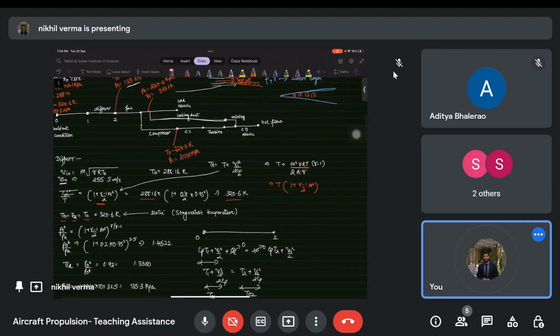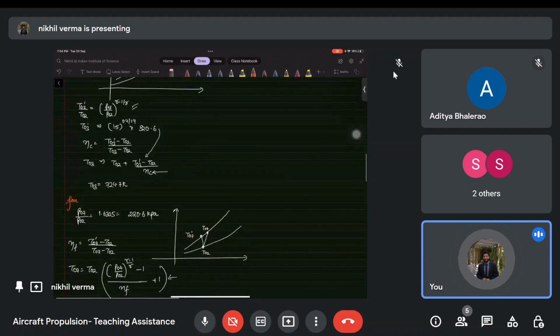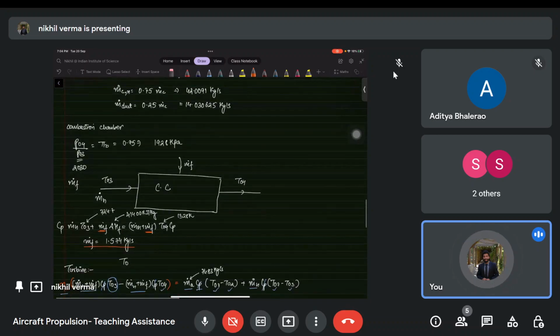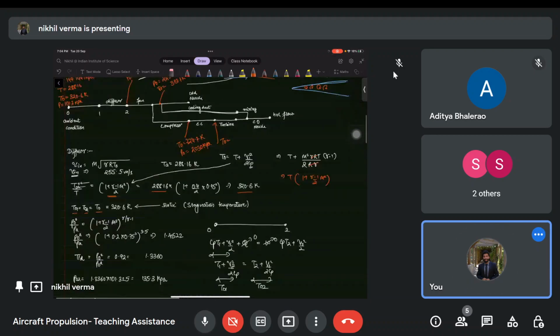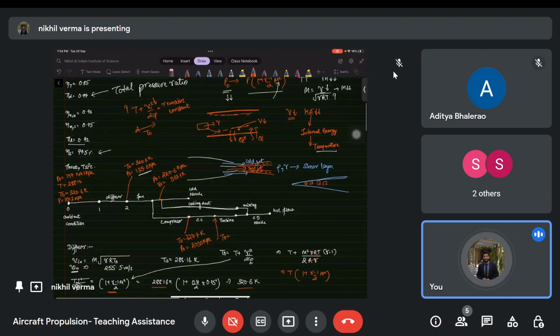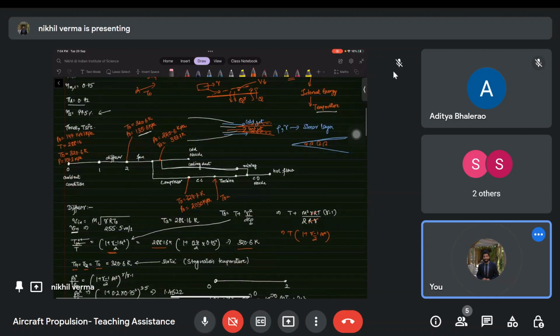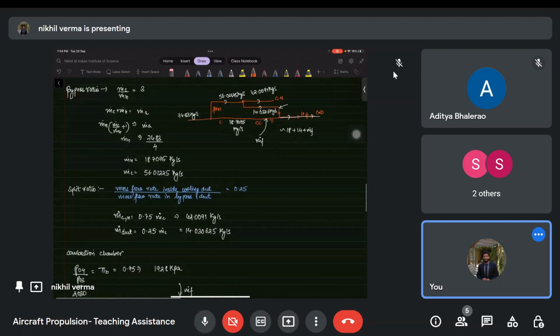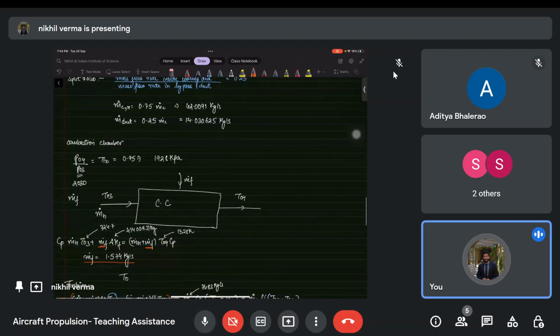After the combustion chamber, the temperature was 1389 Kelvin. P naught was 1928.